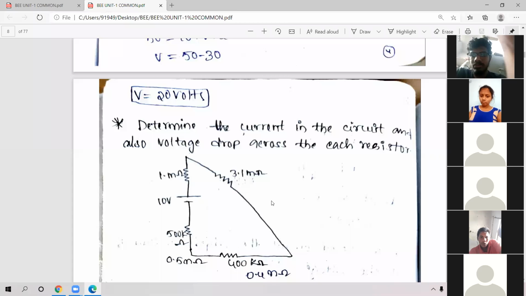Sir, 2.5, only. sir. 2.5. 2, sir, 2. 2, sir. Sir, 2, sir, 2 is a. Two only, sir. I is equals to 2. 2.5. 2.